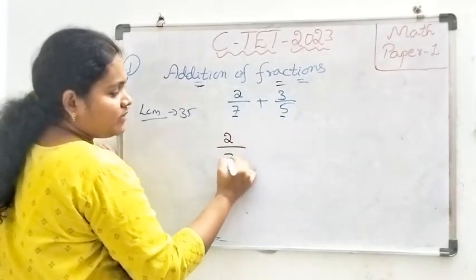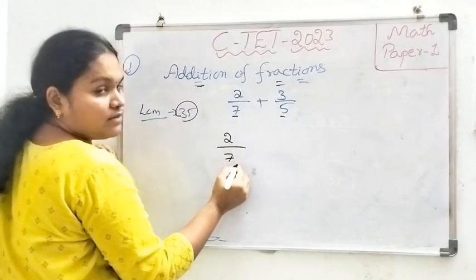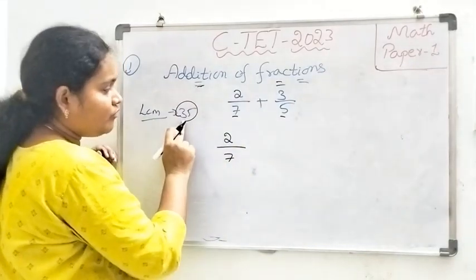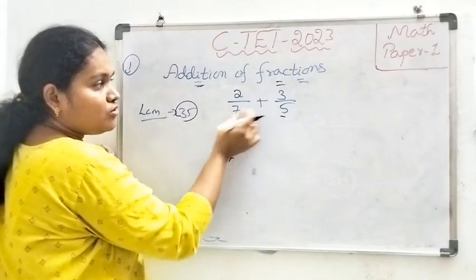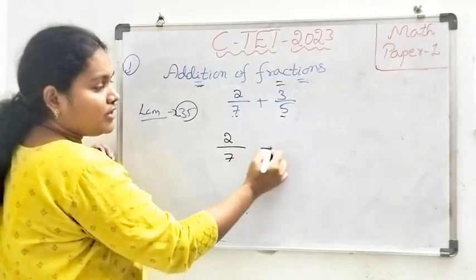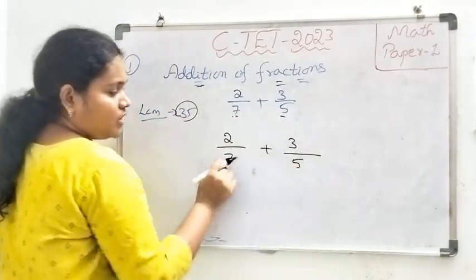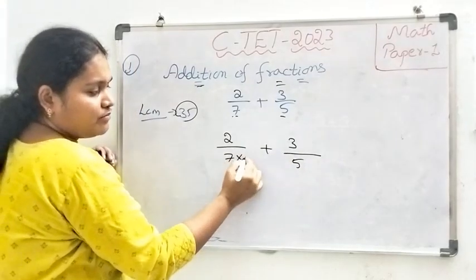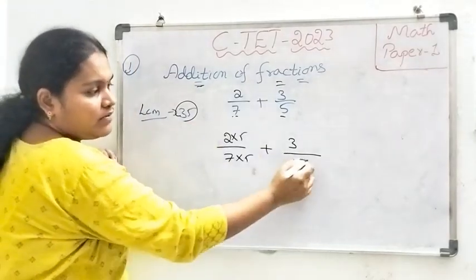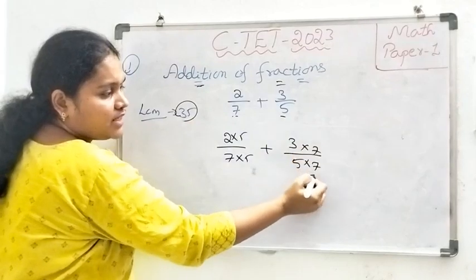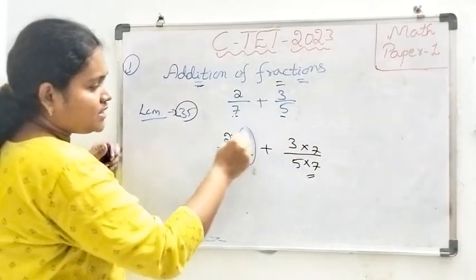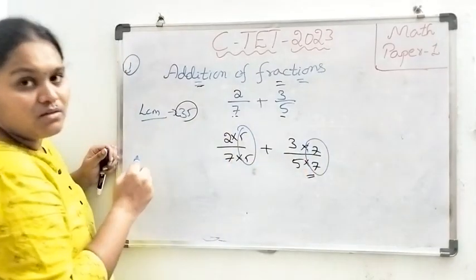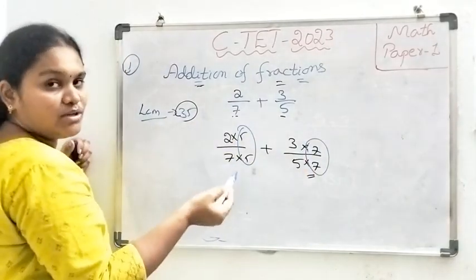So for 2 by 7, how can we make the denominator 35? Here it is 7, but here we got 35. It means this 35 should be there in both denominators. So how can we make it? If 7 is multiplied by 5, then we can get 35. If 5 is multiplied by 7, then here we get 35, right? So we have to make the same denominators.